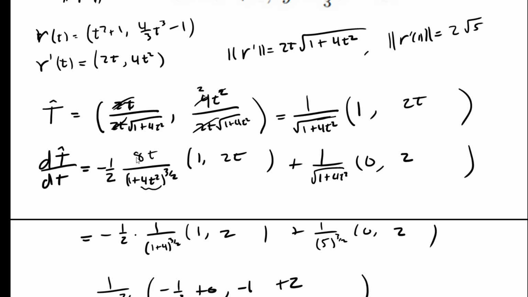Because I use the chain rule from here, and that cancels, and that gives me my 4 that I was looking for. Okay, so I'm not going to go back and fix this, but it's a small mistake right there.